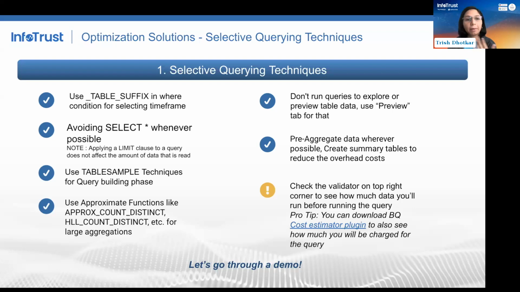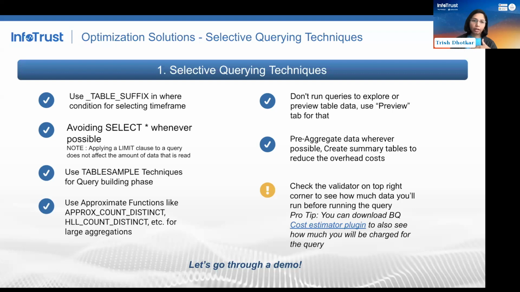If you use partitioned tables, and I'll be talking about GA4 data here a lot because that's the one we use a lot here at InfoTrust, in those tables where we have events data or sessions data, we use table suffix in the where condition for selecting the time frame. When you use that, you'll see automatically how we have reduced the amount of rows being scanned. And we always have that particular wildcard entry in the table name.